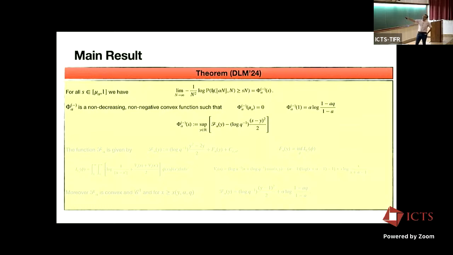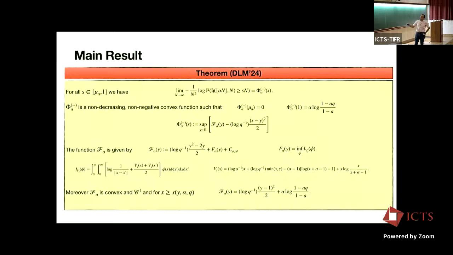In the bulk, between mu alpha and 1, the rate function can be written in this form as the supremum of the difference between two functions, a function f alpha, which I'm describing below, and a parabola. The operation of taking the supremum of a difference of functions is common in convex analysis, and it's called infimal deconvolution. You can think of this as an analog of deconvolution in analysis.